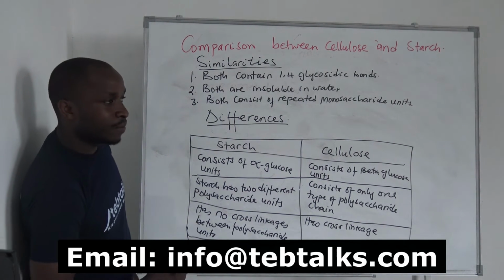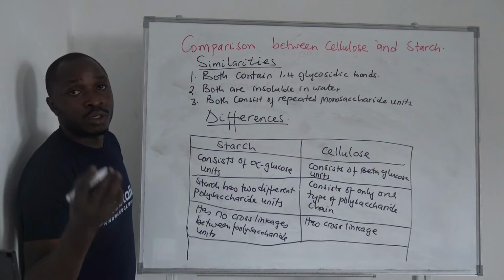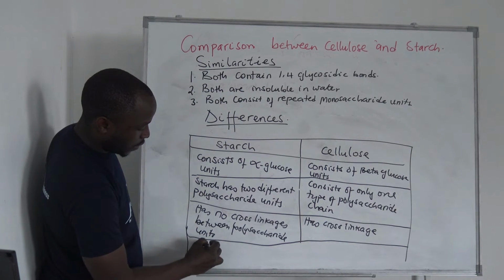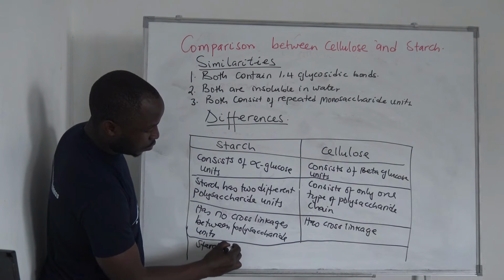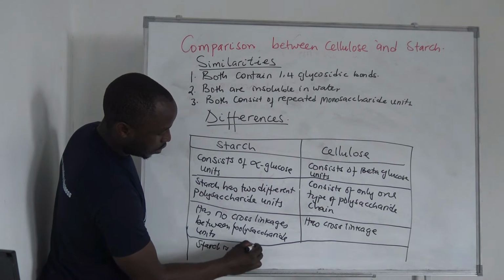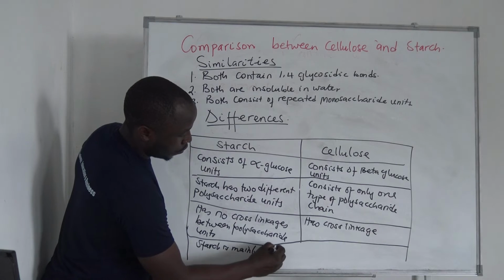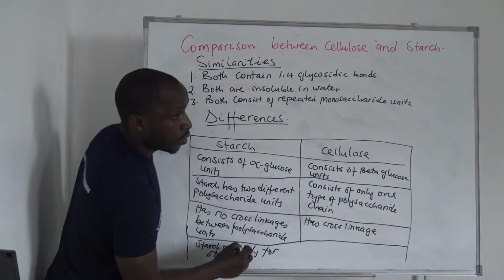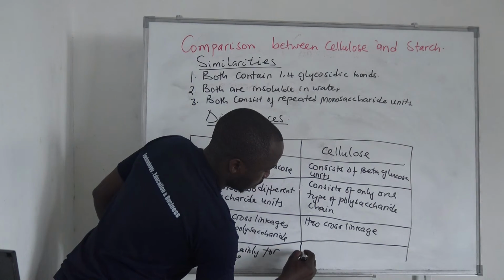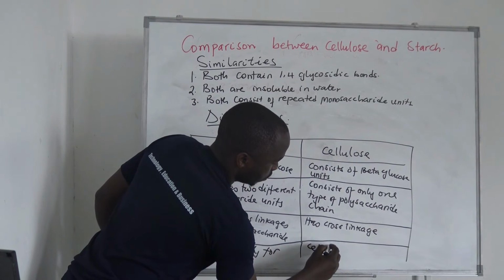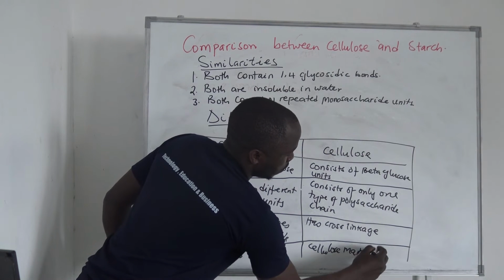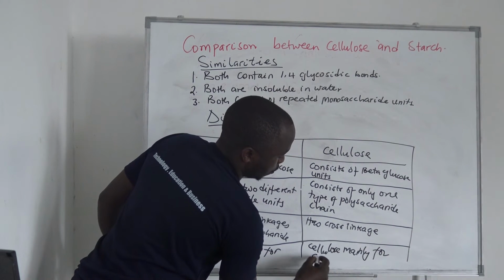Then lastly, we can take the functional difference and we say starch is mainly for storage and cellulose mainly for structure support.